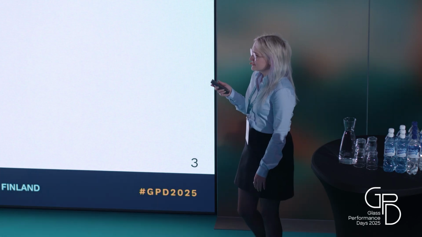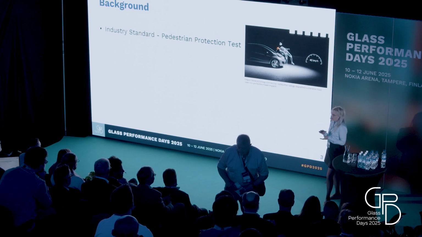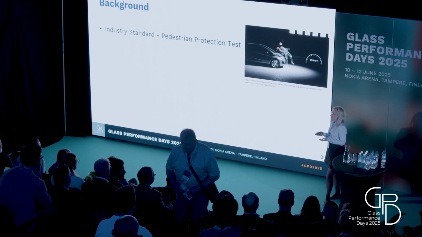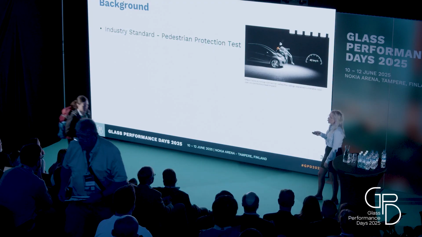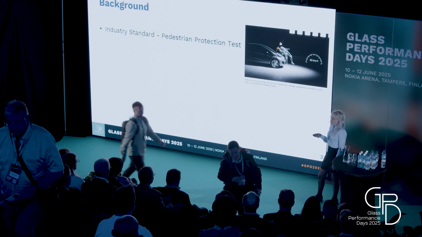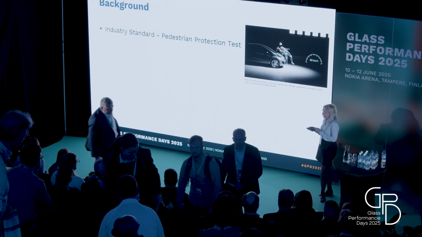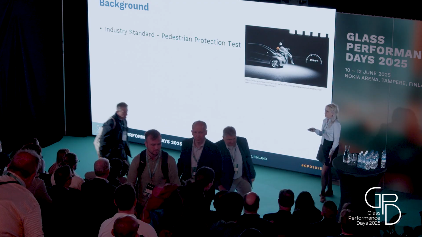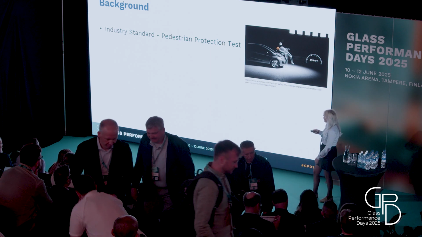Basically, this test is performed in a way that the head form is impacted onto the windshield and the deceleration is measured in the head form. Based on the deceleration curve, the so-called head injury criterion is calculated, and this head injury criterion should be within a specific threshold to not cause high injury for the pedestrian. So this is the main idea of this test.